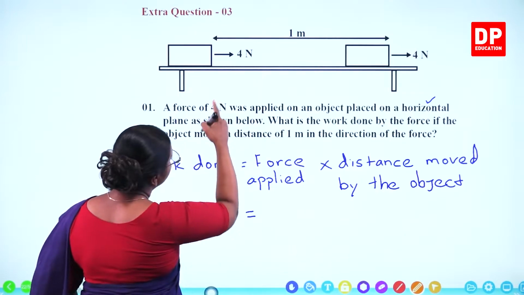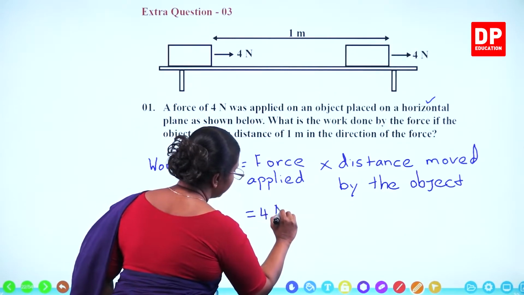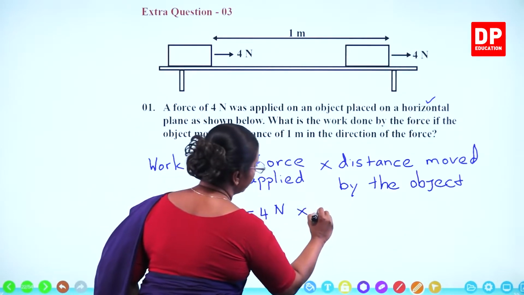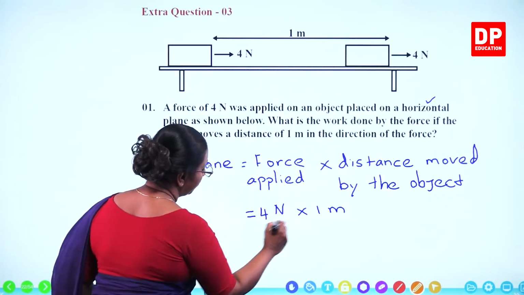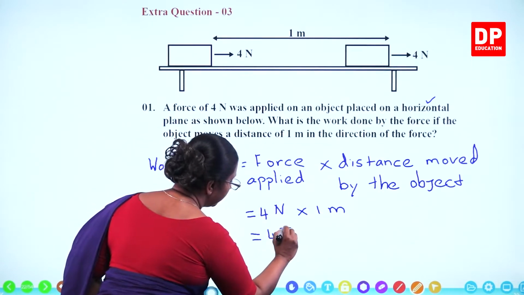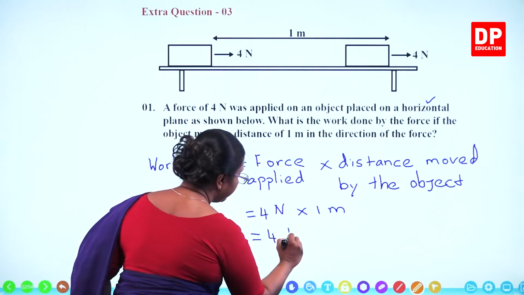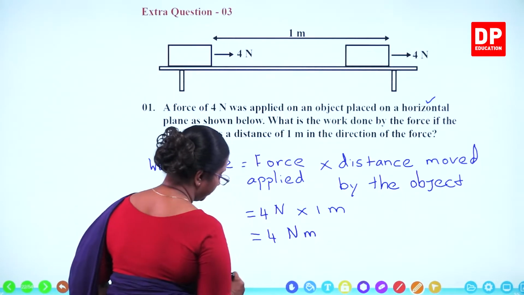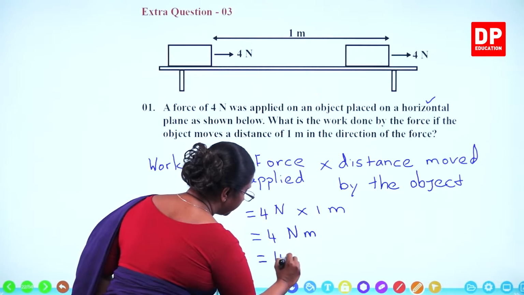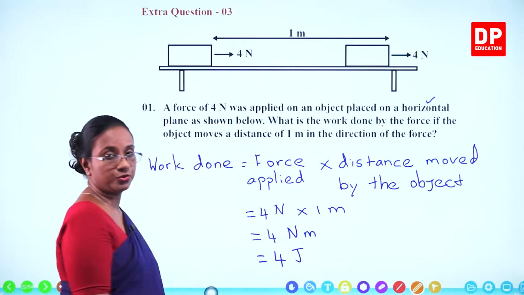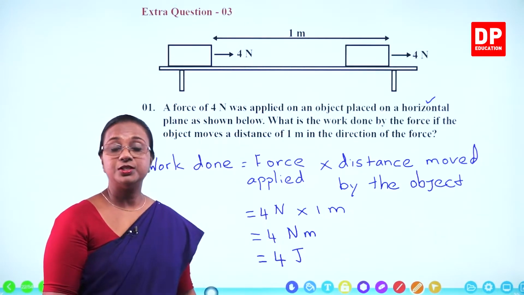So there, force applied is 4 Newton and the distance moved is 1 meter. So 4 into 1, it is going to be 4. If we write the units, Newton meter, that gives you the standard unit joules. Newton meter is equal to joules.